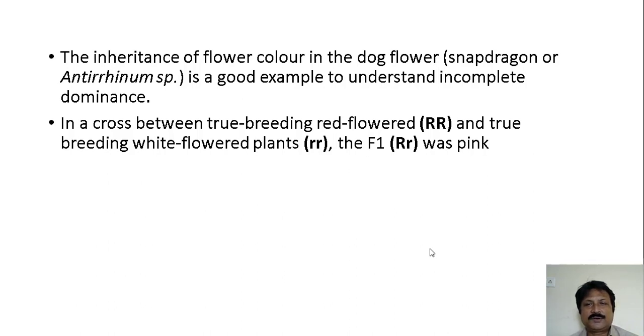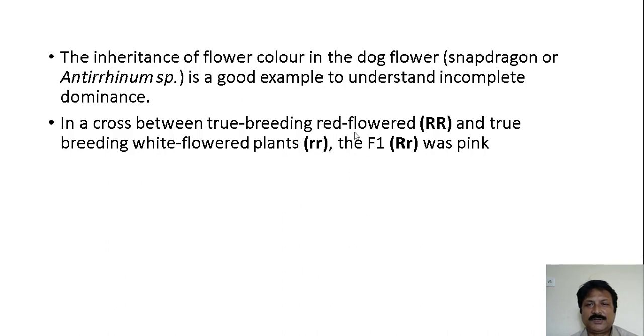Now here, the person who had made the cross had taken true breeding red flower and true breeding white flower plants. Let us denote them as capital R and small r. Now here you may ask a question: am I writing that the white flower is a recessive trait because I am writing small r? It's not like that.